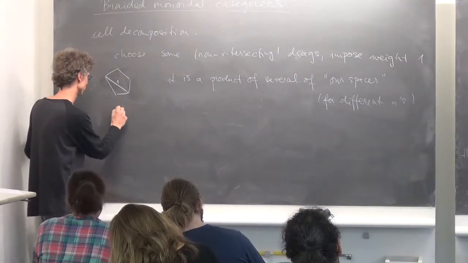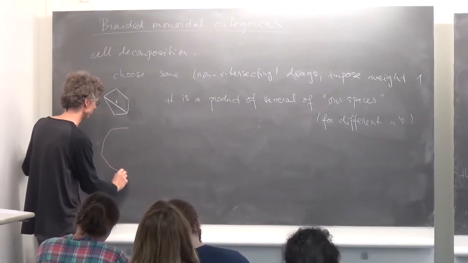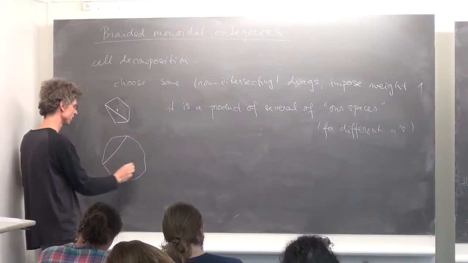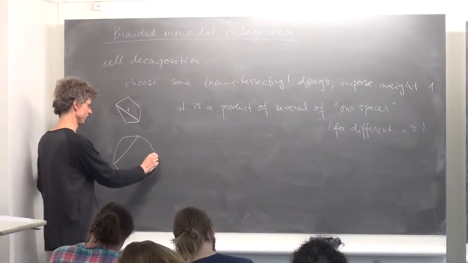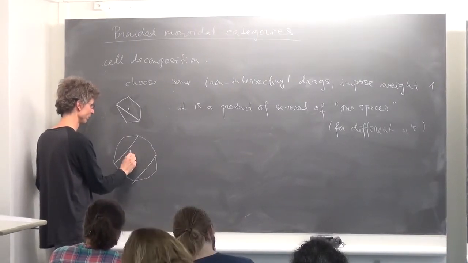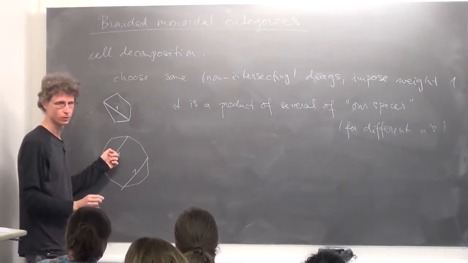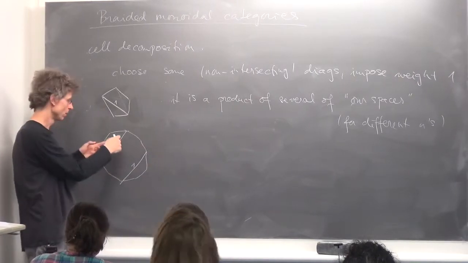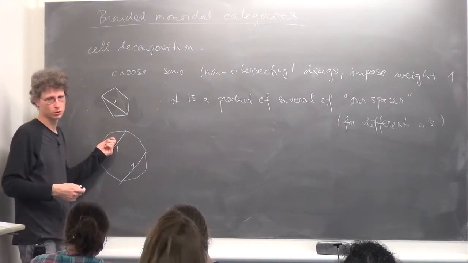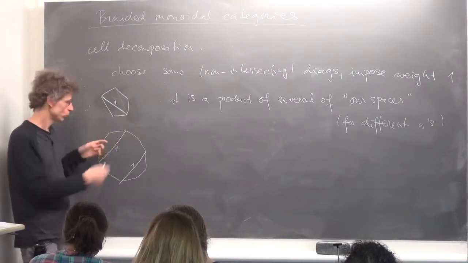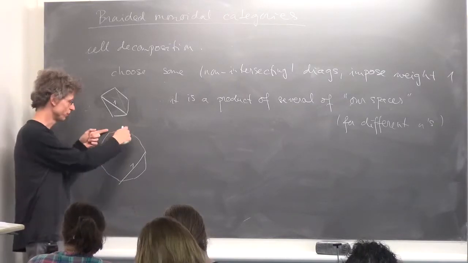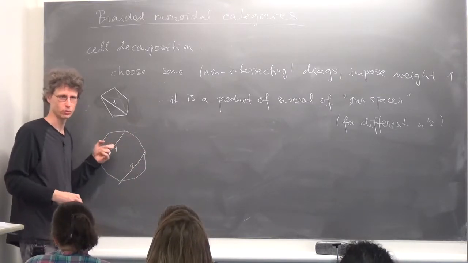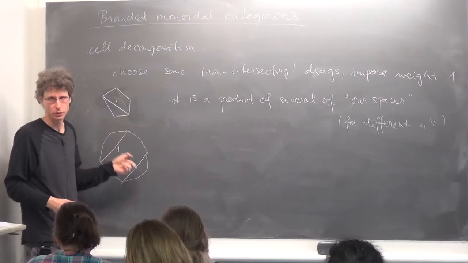Let me make a bigger example. Let's say choose this diagonal and this one. These have weight 1. So what you see now is that this thing is split into 3 polygons, and inside each of those polygons you can put arbitrary weights. Here we have our space for this n-gon, here for this n-gon, here for that n-gon. So it's just a product of 3 of our spaces.